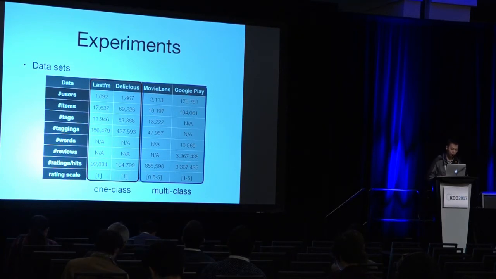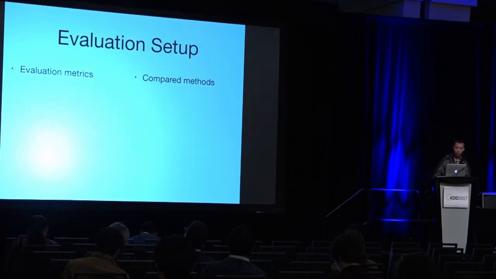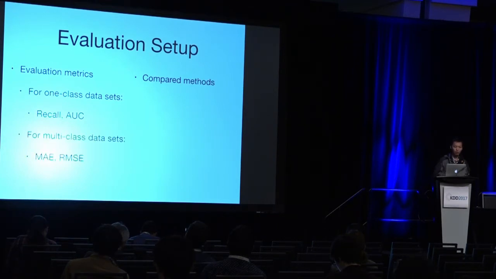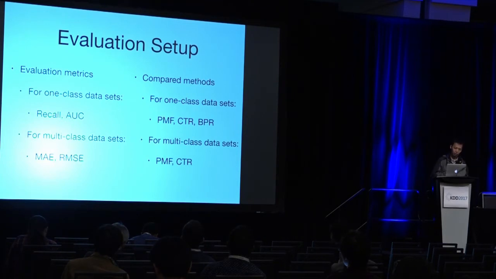And then the evaluation setup. For evaluation metrics, we consider recall and AUC for the one-class case, and we use RMSE and MAE for the multi-class case. And for the compared methods, we compared with PMF and CTR, since the second order distance is built upon PMF and CTR.